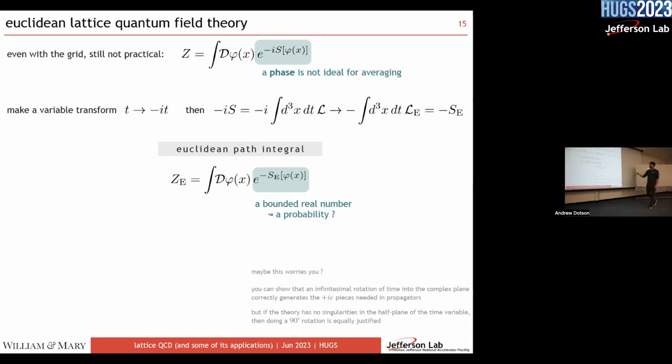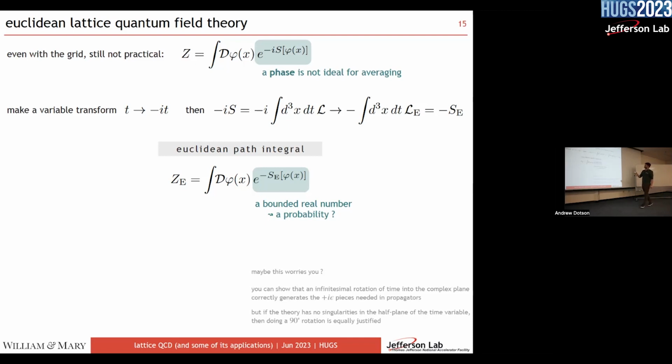And this is very nice because this is now a bounded real number. What's more, it's pretty clear that low values of the action are going to have the largest contribution, which is sort of what classical physics indicates to you, right? In the classical limit, the minimum value of action should be the only one present. So this sort of looks reasonable.